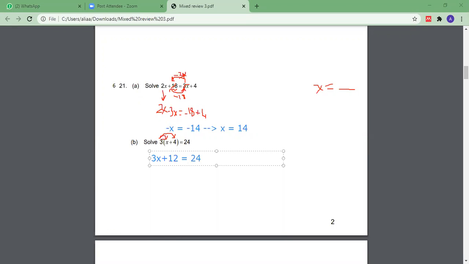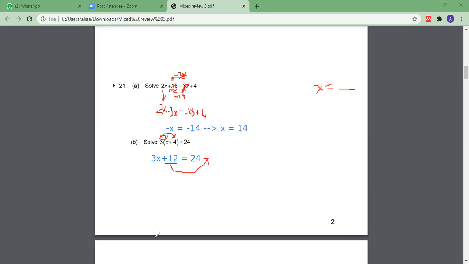And then the next step, I'm going to move the 12 to the other side. But why did I move 12 and not 3? Because I need to move the addition and subtraction numbers first, and then the multiply or division next.